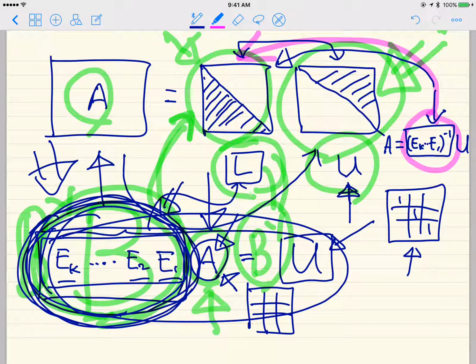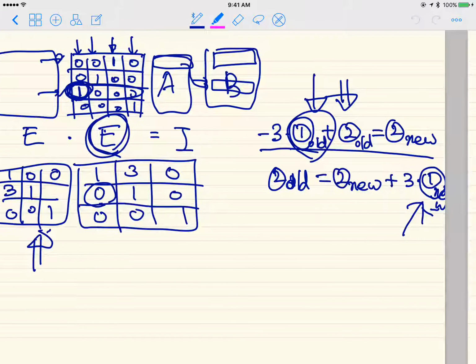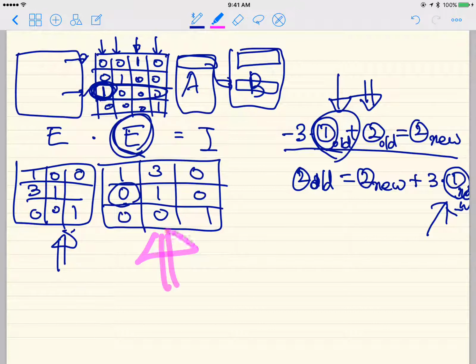The only operation that you will use is a row replacement, and that row replacement should also be lower triangular. So in the case of a row replacement, you don't do this kind of row replacement. You only do this kind of row replacement. We always bring the row in the upper part, and then replace the row in the bottom part.